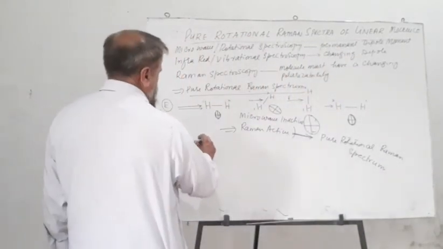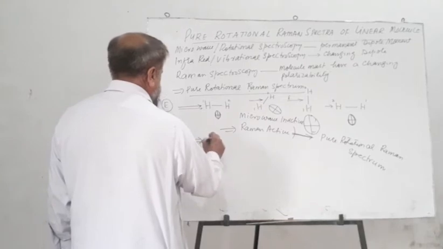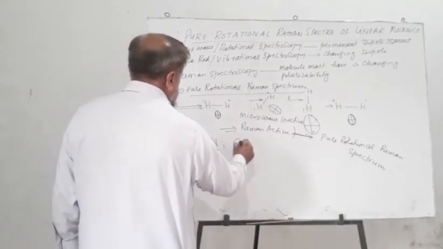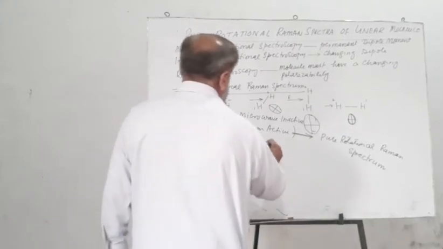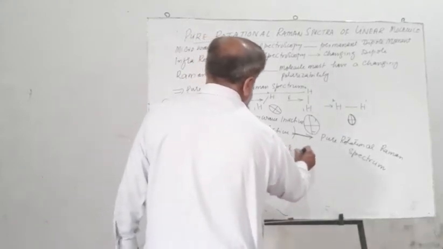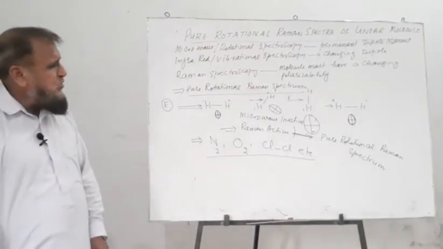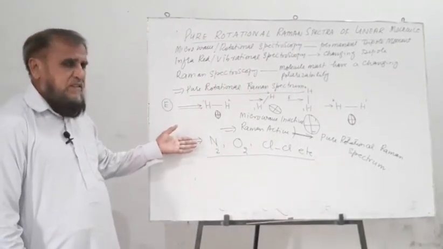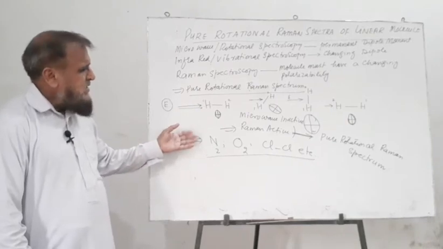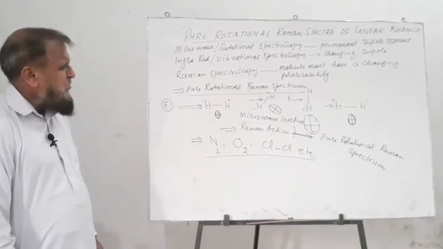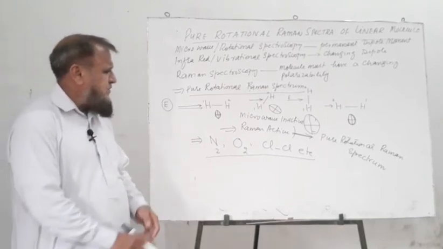Same will be the case with linear molecules like N2, O2, Cl2, etc. These molecules will also be microwave inactive and will be Raman active, and they will also lead to pure rotational Raman spectra.